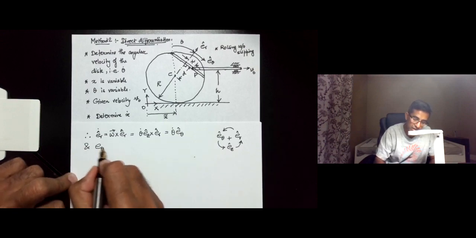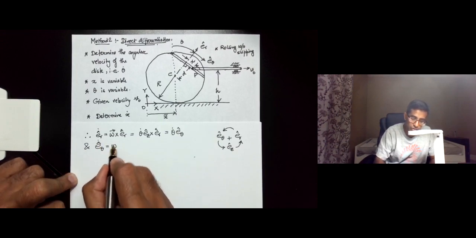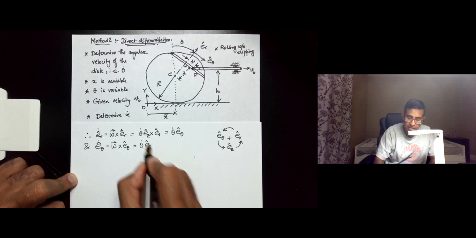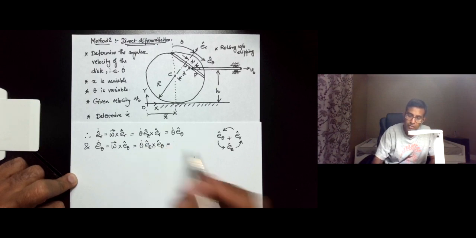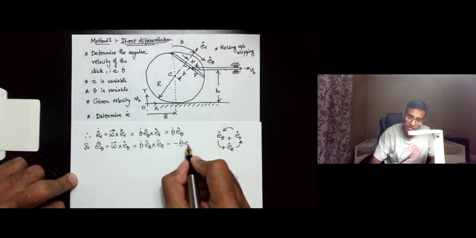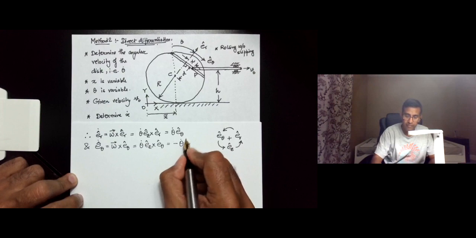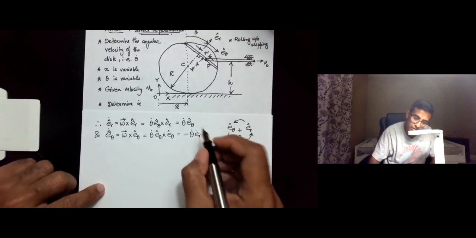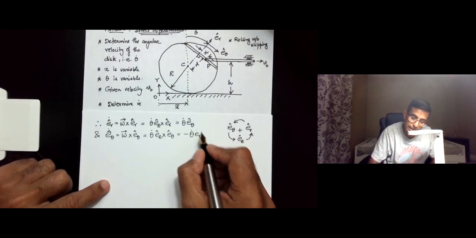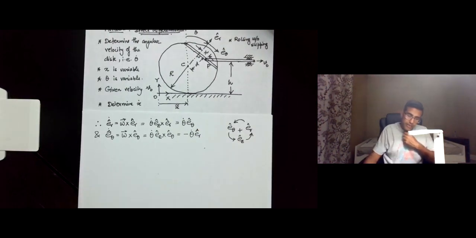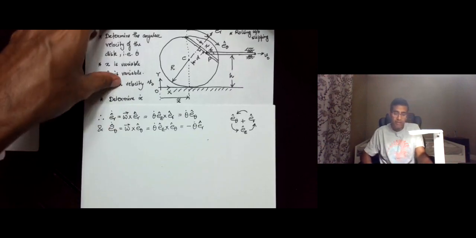And E theta dot is equal to omega cross E theta, which is theta dot EZ cross E theta. Z cross theta gives negative R, so minus theta dot ER. So we have the two derivatives of unit vectors that we need.